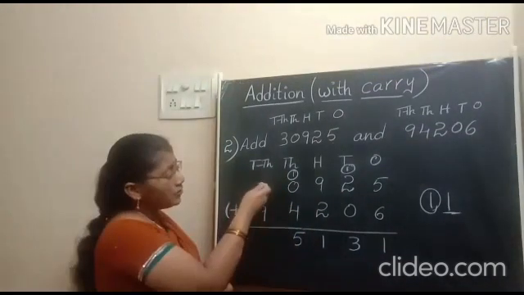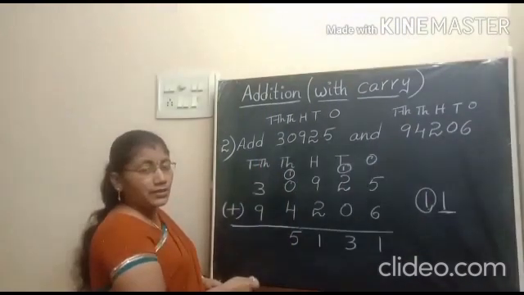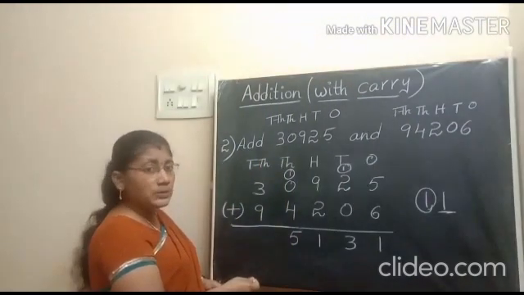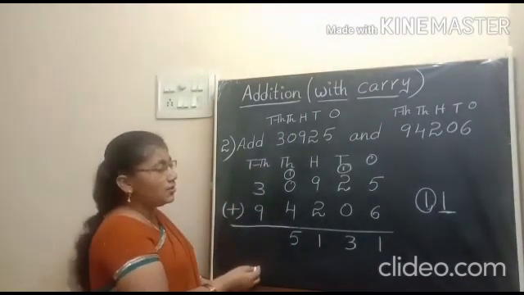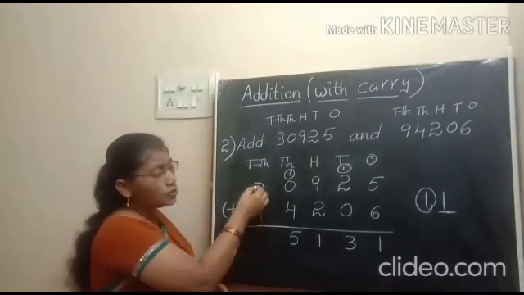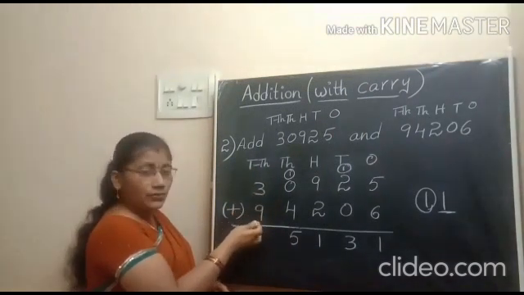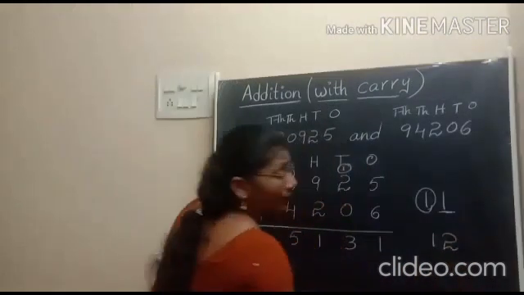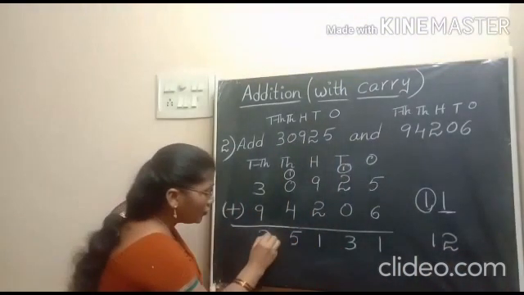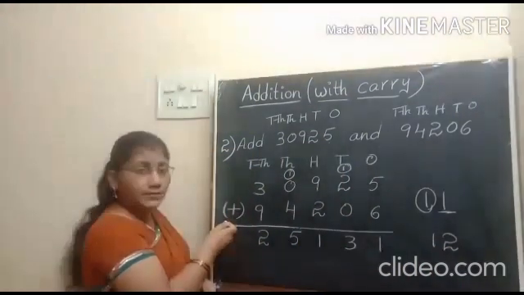Then we should add the digits in the 10,000s place. Is there any carry to add? No. So simply we should add these two digits. By adding 3 and 9, we get 12. So write 2 here. Is there any other column to add?